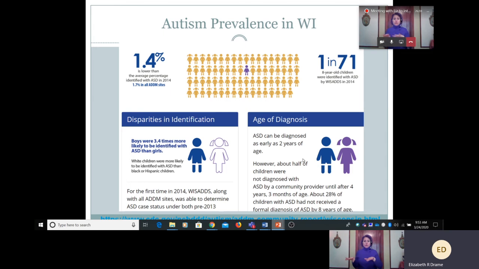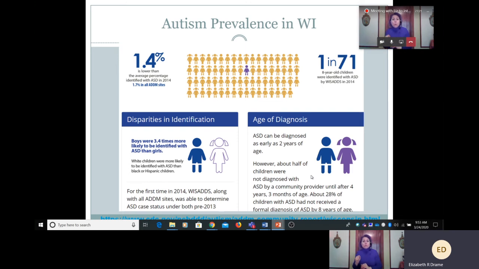Even though we can diagnose autism definitively as early as 2 years old, we still have children being diagnosed after 4 years old. And when you look at racial disparities in diagnosis, a lot of Black and Hispanic children are being diagnosed at older ages.